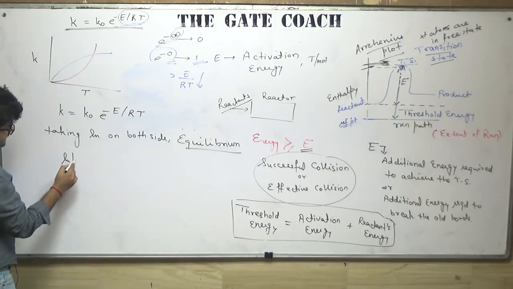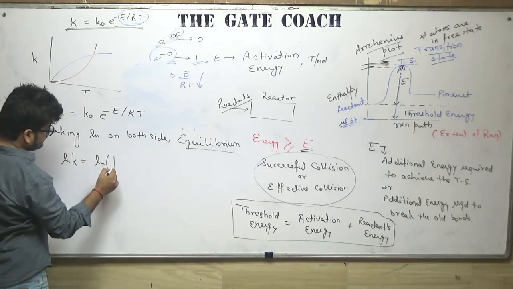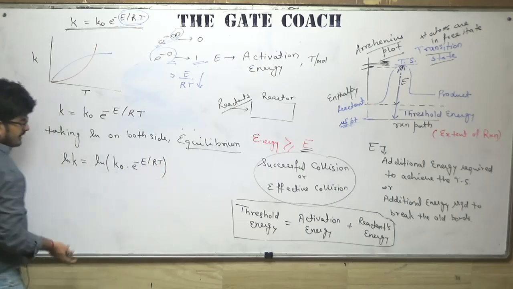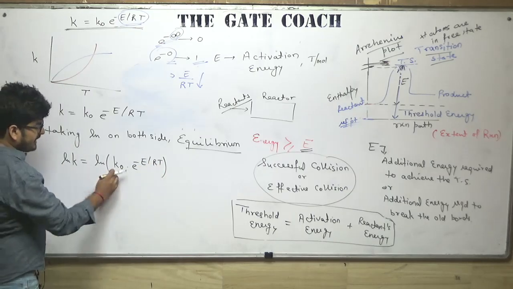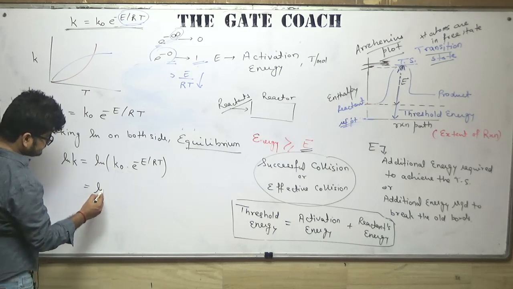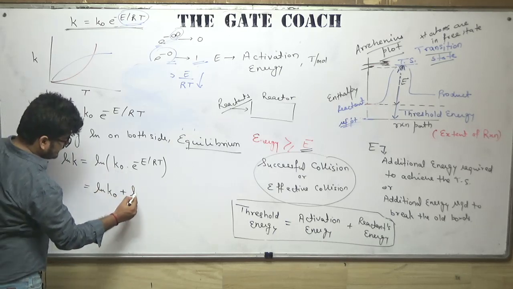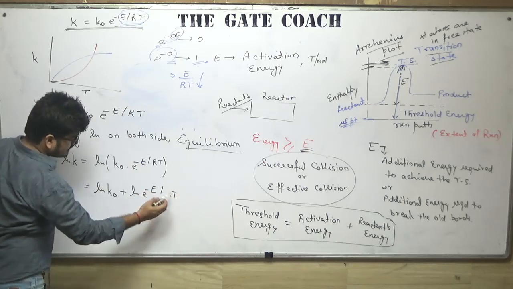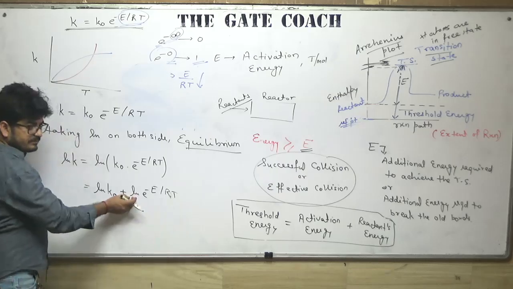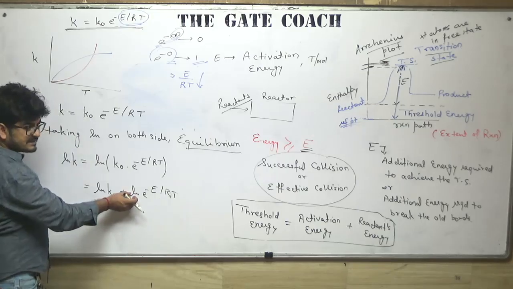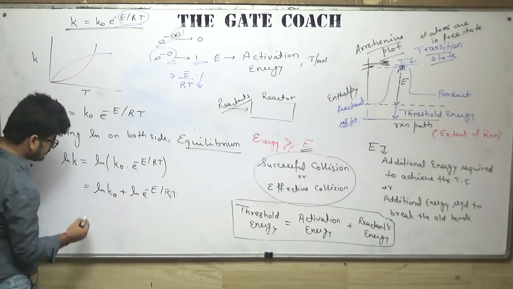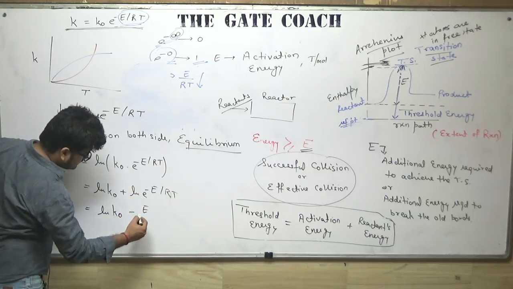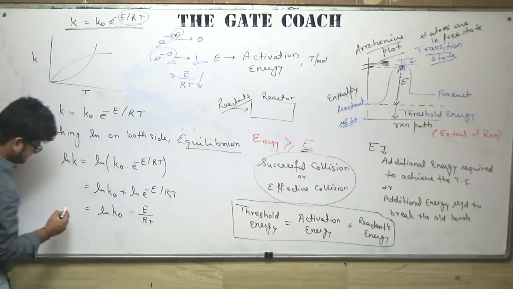you will get ln K is equal to ln of K naught into e to the power minus E by RT. And all of us know that ln of A into B can be written as ln A plus ln B. Ln base is E, and this is also E, so you can also write it as minus E over RT.